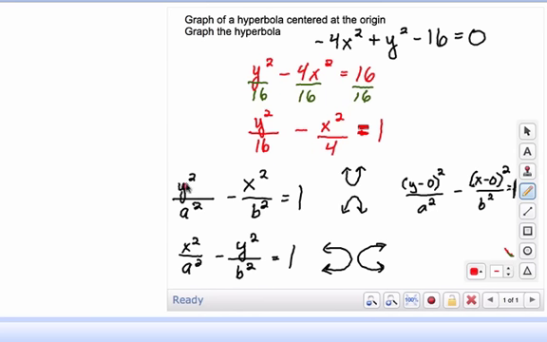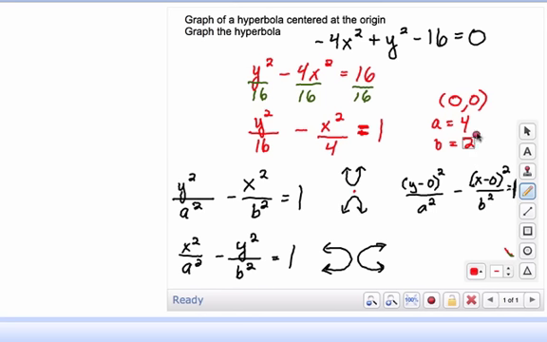This form, I can see it's going to be this y squared graph. It's opening up, so I know my center is at 0, 0. And my a value is under my y squared this time, and the square root of 16 is 4, so a is 4. And if b squared is 4, then the square root of 4 is 2, so b is 2.